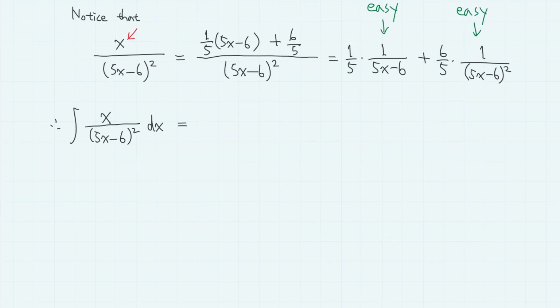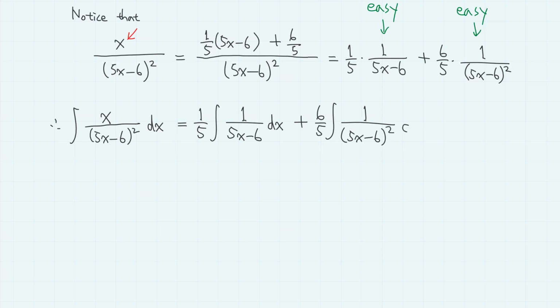Therefore, we can write the given integral as 1 over 5 times integral 1 over 5x minus 6 dx plus 6 over 5 times integral 1 over (5x minus 6) squared dx. And as for the first term, we have 1 over 5 times additional 1 over 5 coming from 5x minus 6, then ln absolute 5x minus 6.